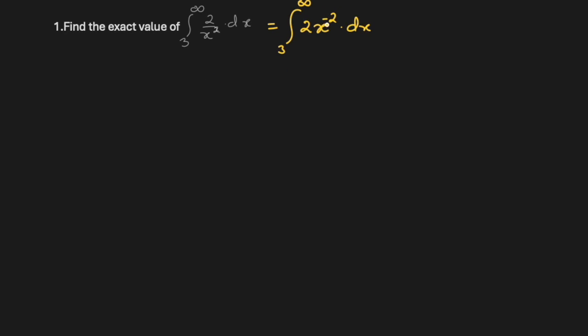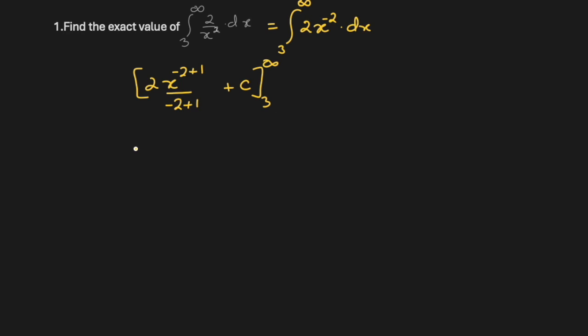For integration we just add 1 to the power and divide by the same addition. So 2 will remain 2, the power will go up by 1 and it will be divided by the same addition, plus c, from 3 to infinity.